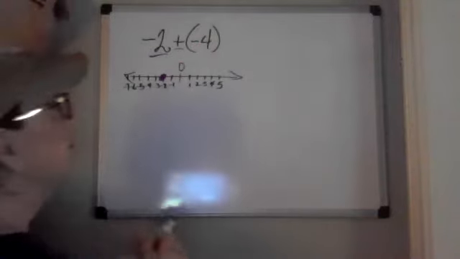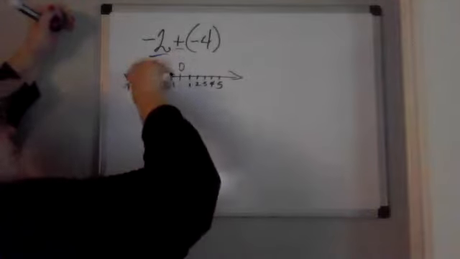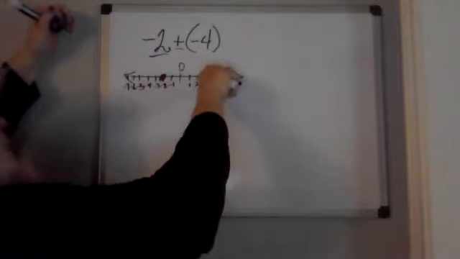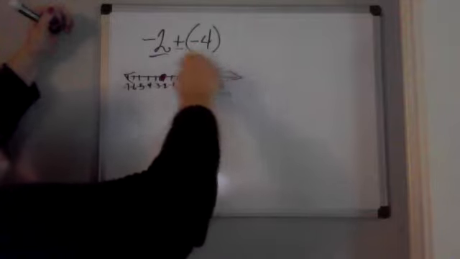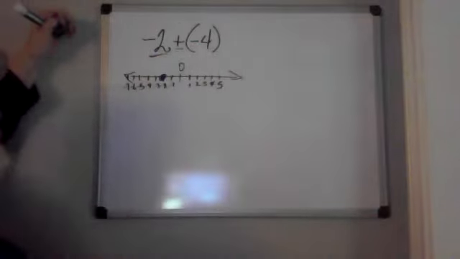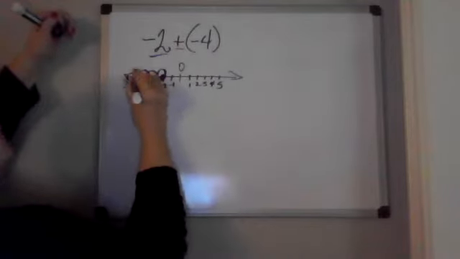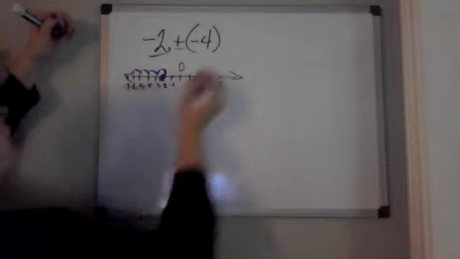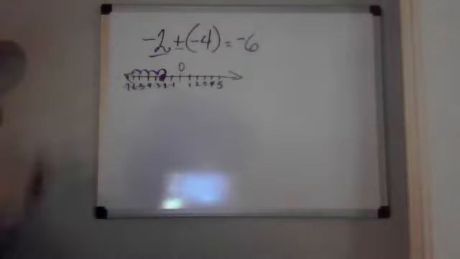I'll show you a shortcut in a minute. The plus says, yes, we're going to move in this direction, but before you hit the 4, you hit a negative, which turns you around, says we're going to be moving to the left 4 places. 1, 2, 3, 4. So our answer in this case is -6.